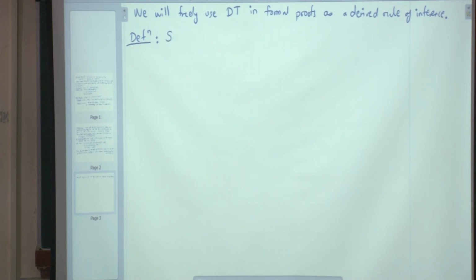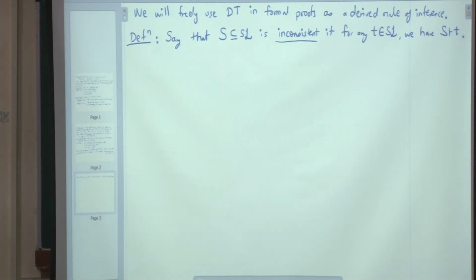So say that a subset of SL is inconsistent if for any T in SL we have a deduction of T from capital S. So you can prove anything from capital S that is inconsistent.